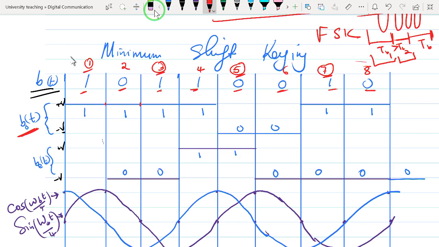For the sake of clarity, between here and there is 1 TB, and between there and there is another TB. So one bit is taking 2 bit durations for us to meet the separation of odd and even bits.